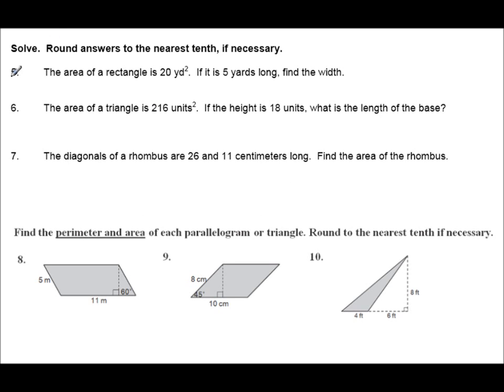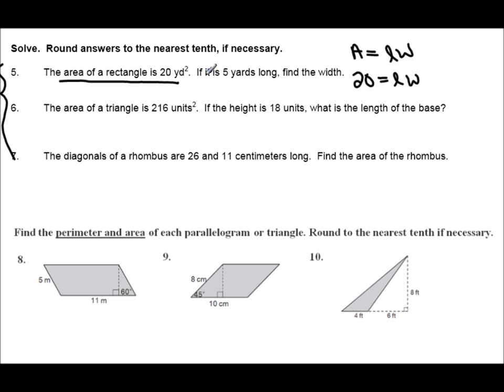Okay, the next examples we'll be solving basically backwards for either a length, a width, a height, something like that. Now the first one is the area of a rectangle is 20 yards squared. So we write down what we know. We already know the area of a rectangle is length times width. Well, they said the area is 20, and that equals length times width.